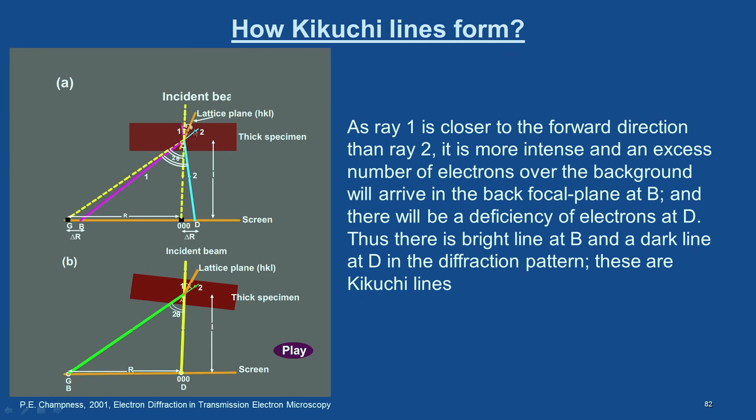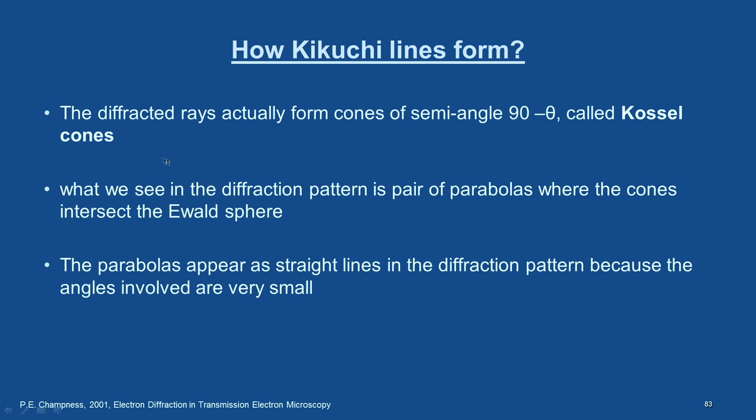Once the crystal is rotated a little bit, ray 2 falls within the optic axis, and ray 1 falls within the diffraction spot. The diffracted rays actually form cones of semi-angle 90 minus theta, called Kossel cones.